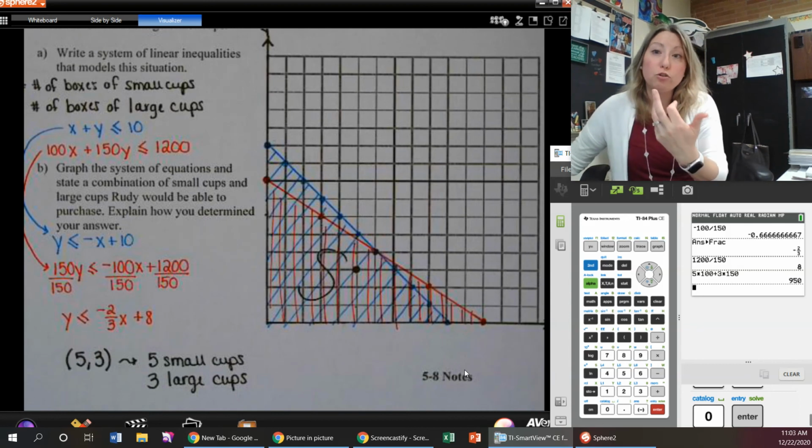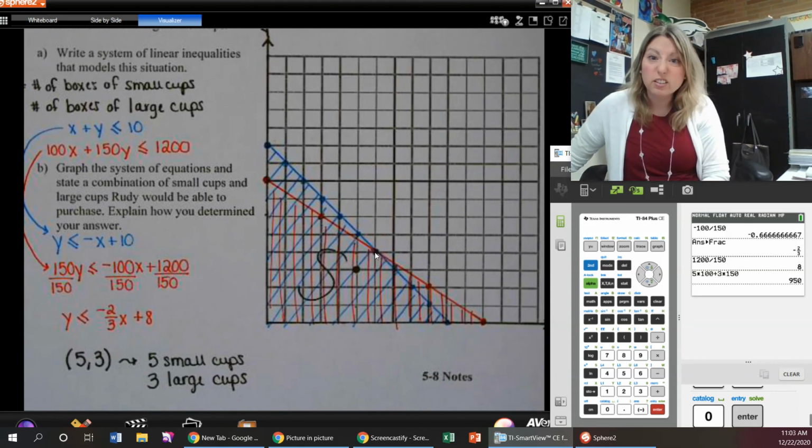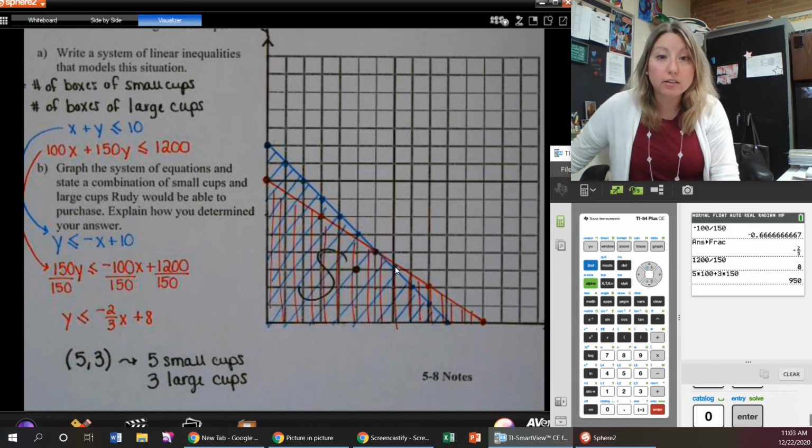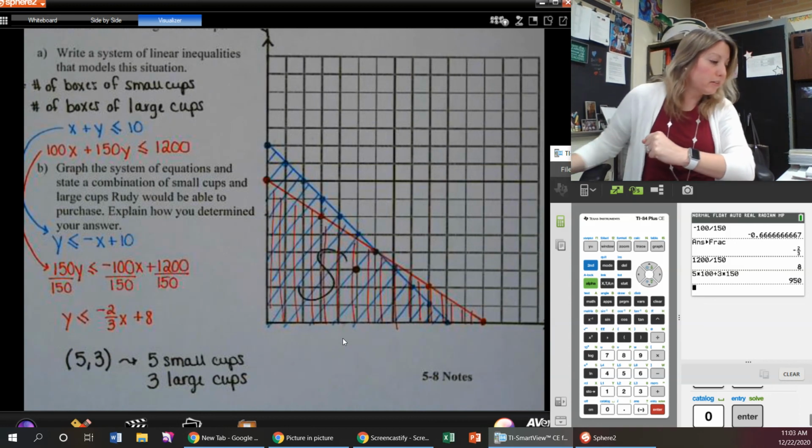Okay. If we were trying to maximize, we would go with this point right here or a point right here, right? You're maximizing the budget, right? And the storage space. Okay. All right, guys.